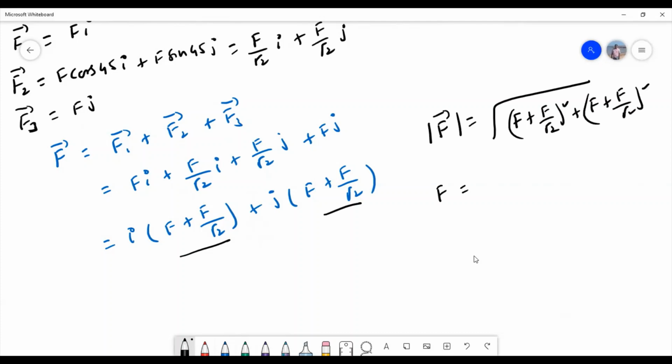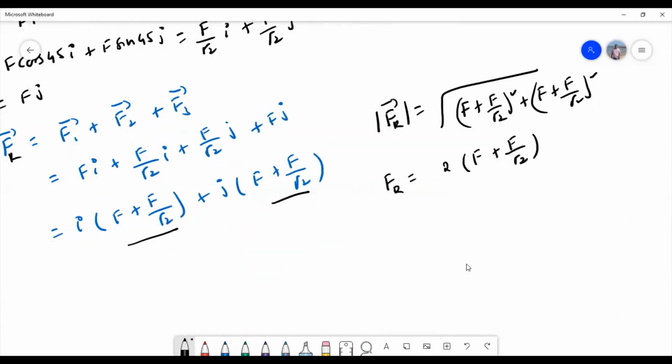We can take the resultant as Fr bar, so that there is no confusion. So Fr will be root 2 times F plus F by root 2.